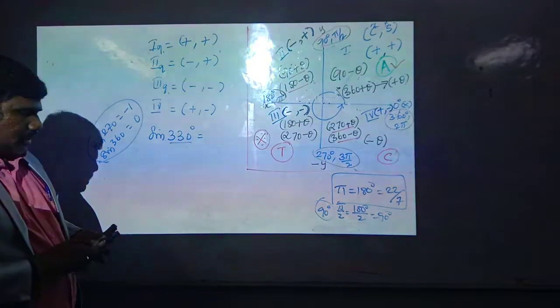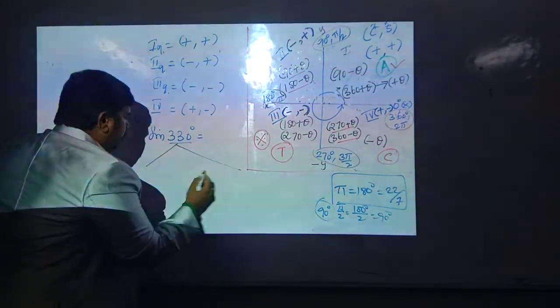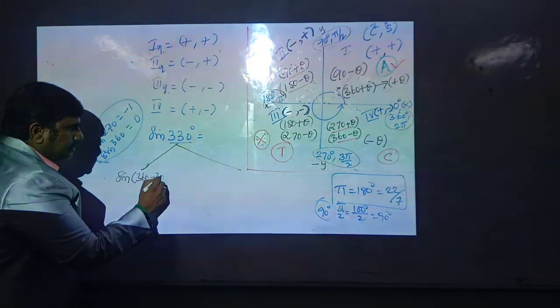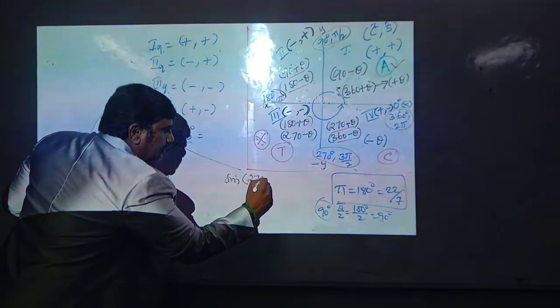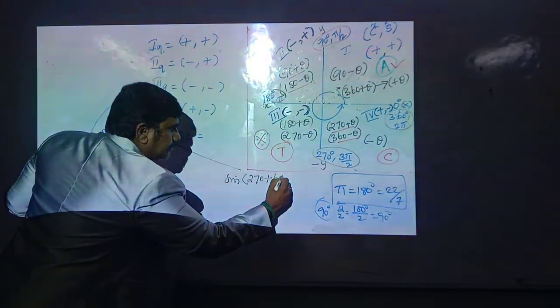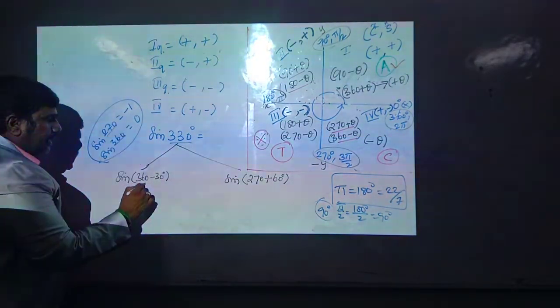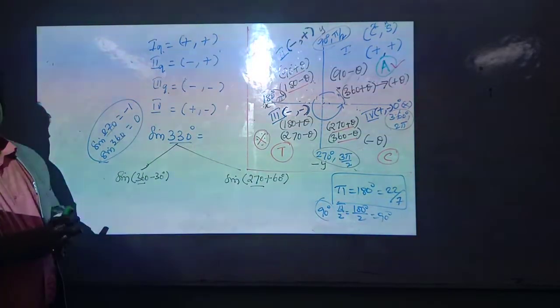So I write this sine 330 in two ways. One is I can write sine 360 minus 30, or sine 270 plus 60, with the known values, 270 and 360. How to find this?